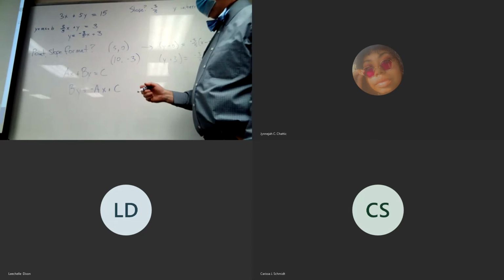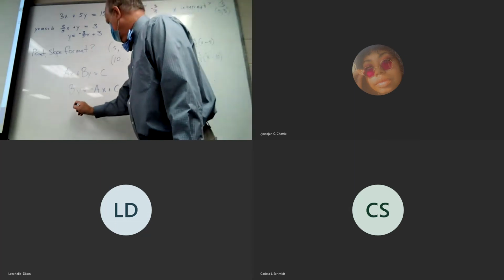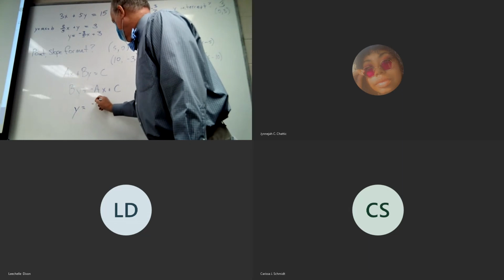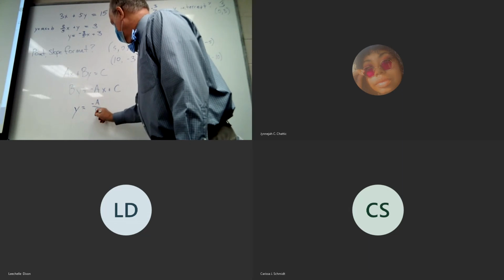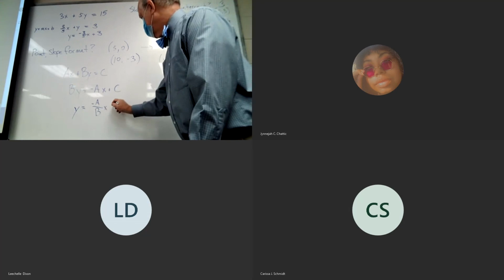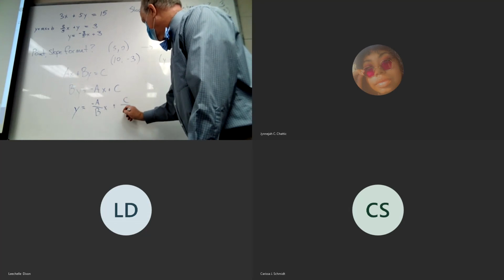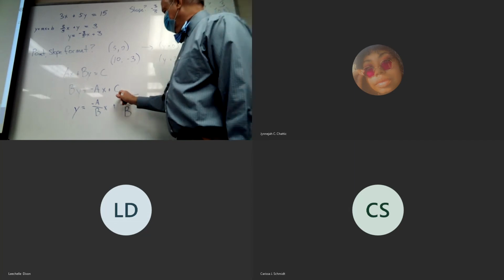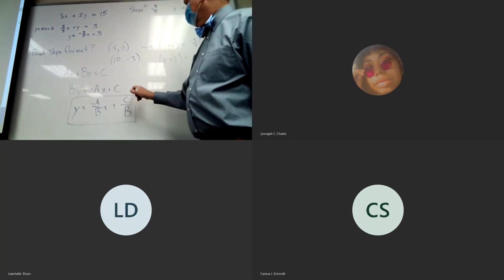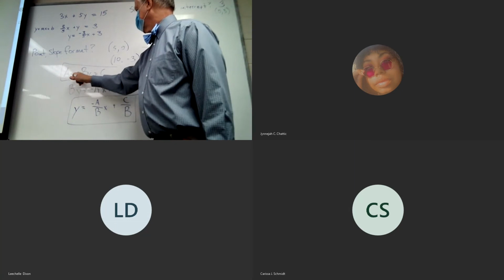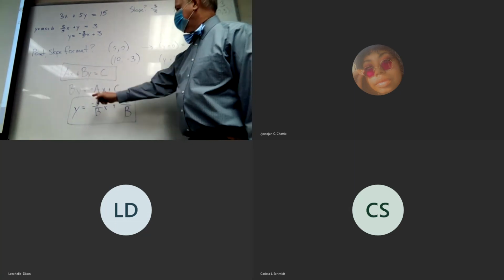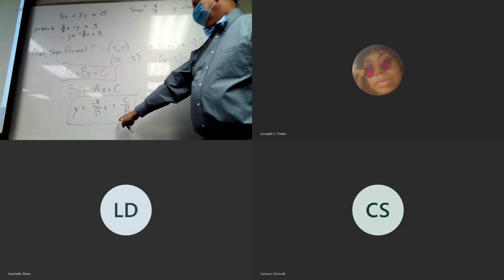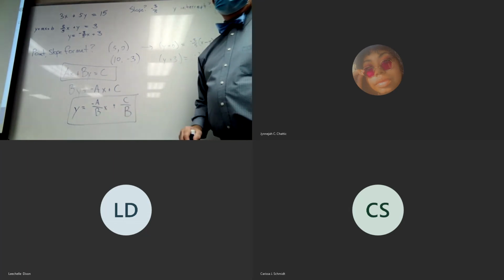Now if I just divide both sides by b, I get the slope y-intercept form: y equals negative a over b times x plus c over b. So now any time I'm given the formula in this form, I could just plug in whatever a, b, and c are and right away jump to my slope y-intercept format.